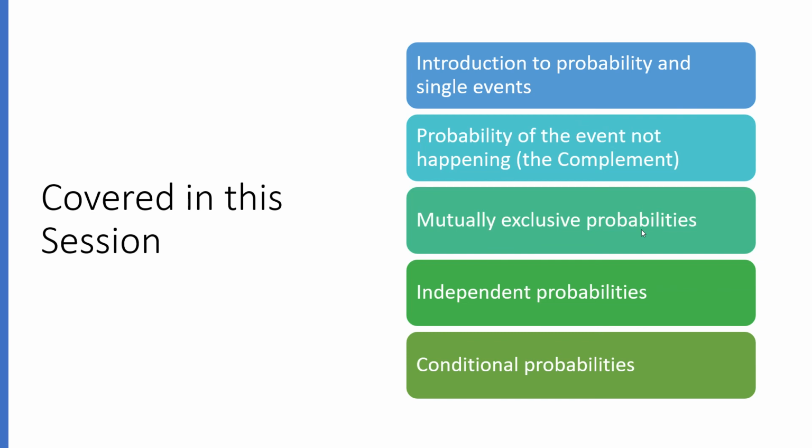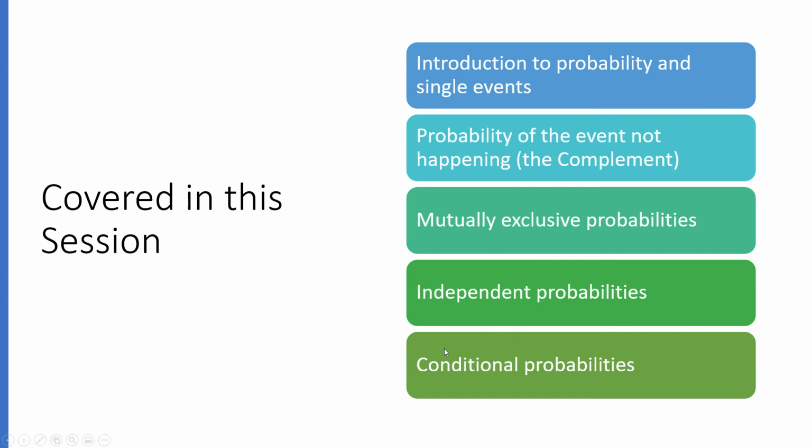So, for example, myself holding the ace of hearts and my partner also holding the ace of hearts, not both possible, so they're mutually exclusive. We discussed independent probabilities, so the first hand holding the ace of hearts not having any bearing on the second hand holding the ace of hearts.